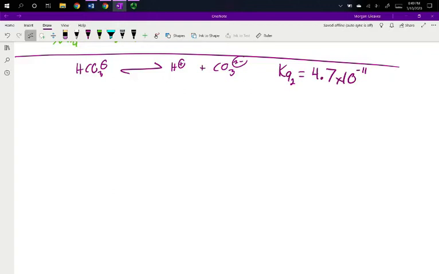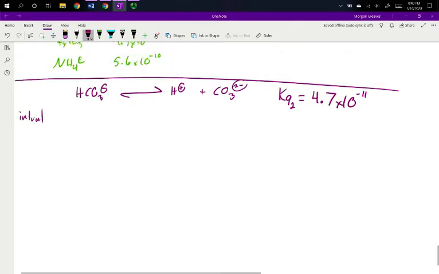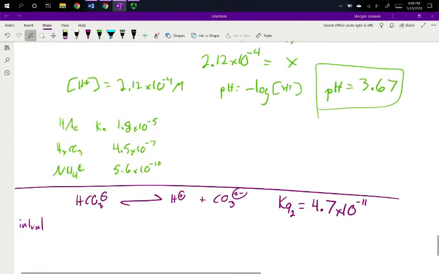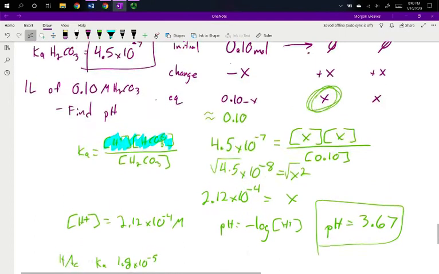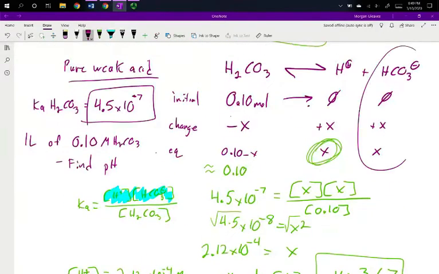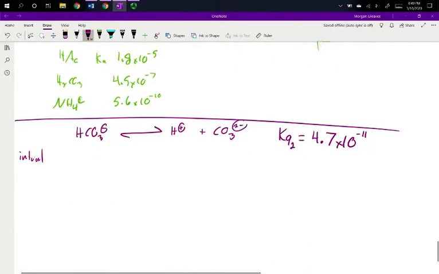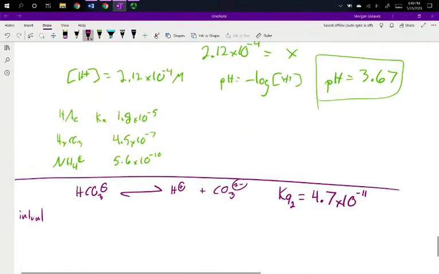And so how does the fact that there's this second step affect our pH? For this, we're going to take our initial as the amount we solved last time. Like we solved the bicarbonate. We said bicarbonate was X. And so we know that X here was 2.12 times 10 to the minus 4.